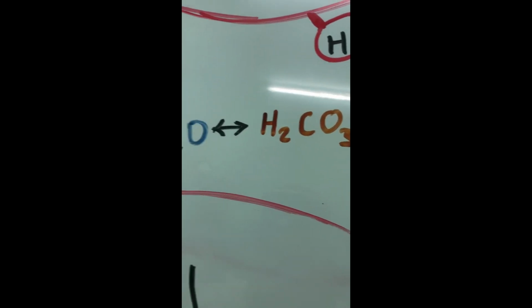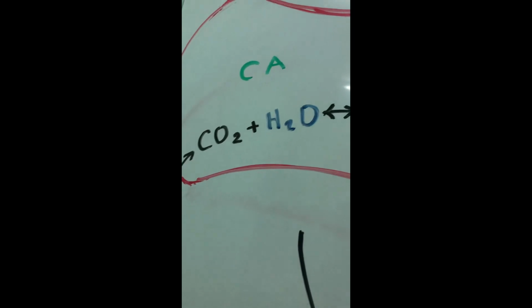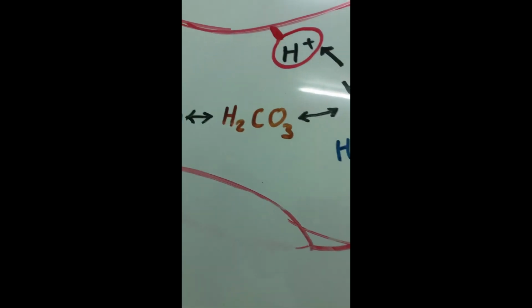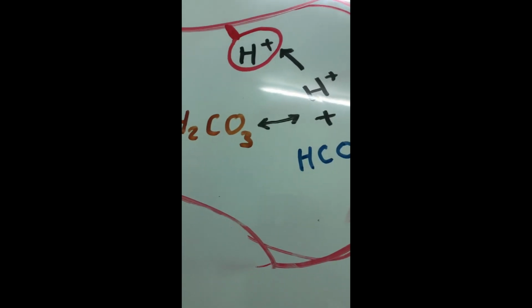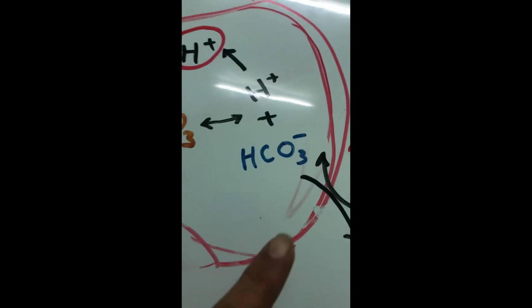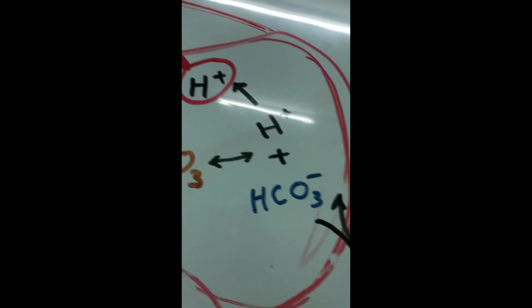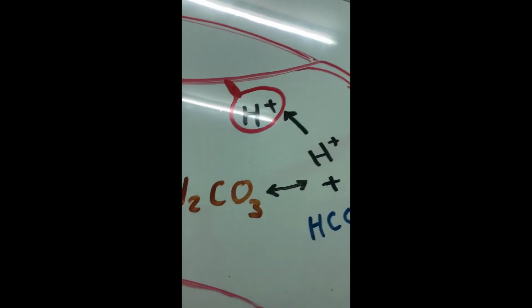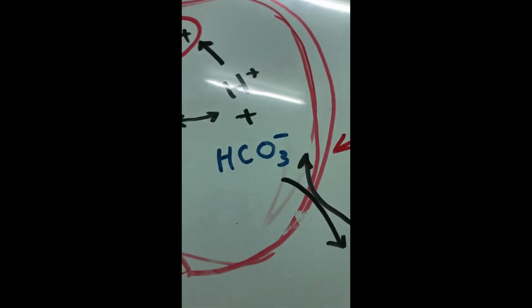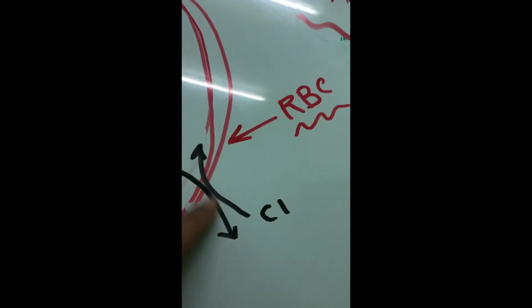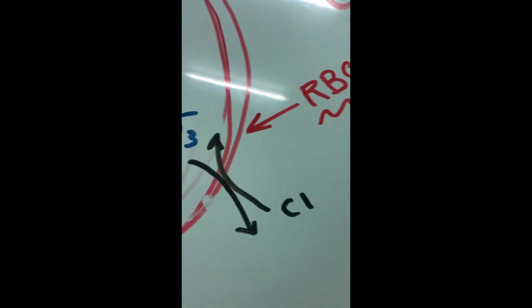After that, the H2CO3 will further dissociate into bicarbonate, HCO3 minus, and H plus. H plus will be trapped by hemoglobin. The HCO3 will efflux out of the cell in exchange with chloride ions.